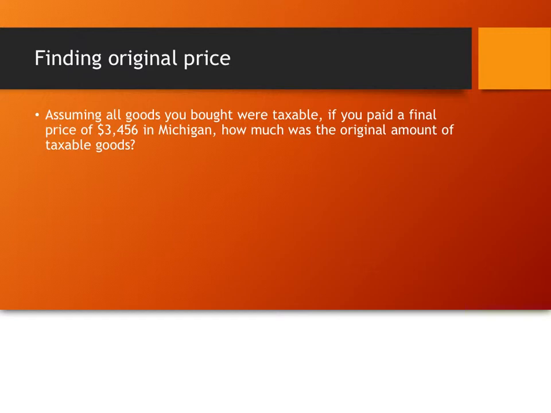All right, so hopefully you did that, you calculated the actual original amount. I'm going to do it fairly quickly. So 106%, we know the final price is 3,456. That's 106% of our original, which I'll call G again. So divide both sides by 1.06.